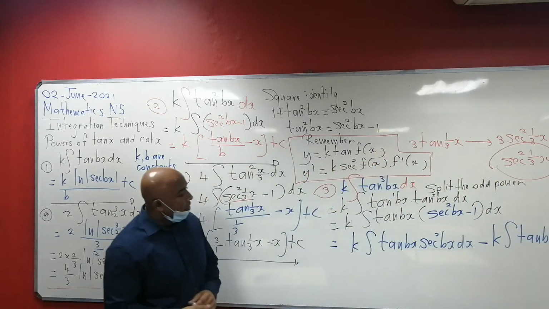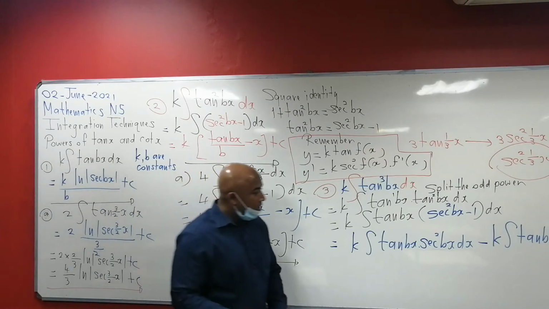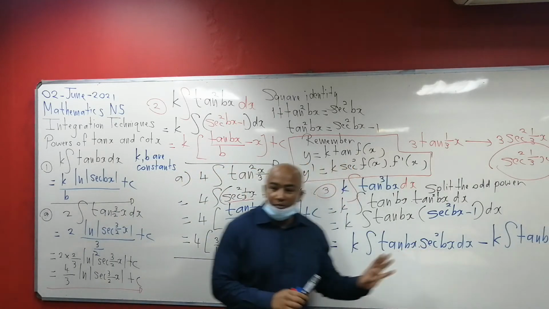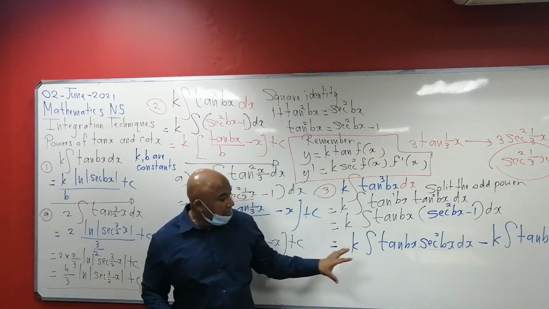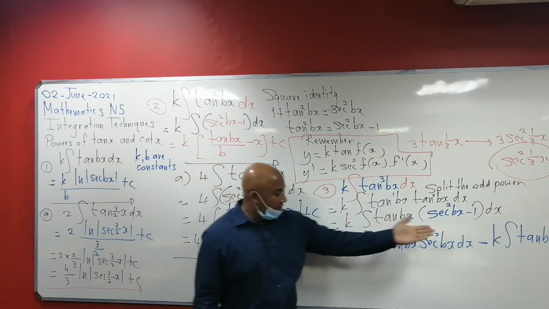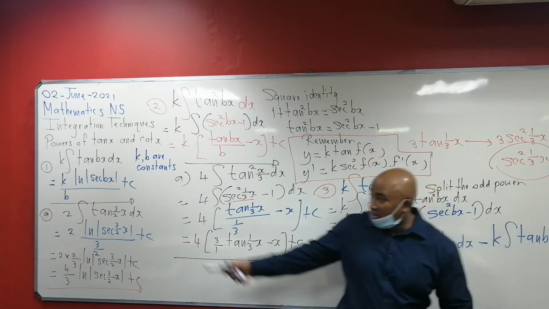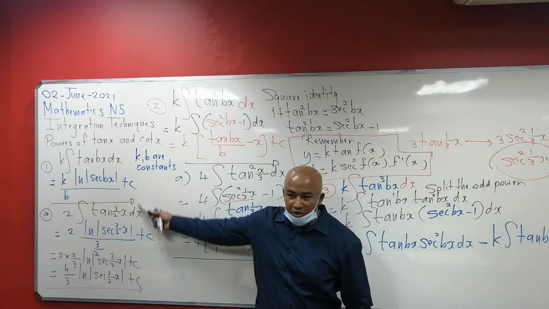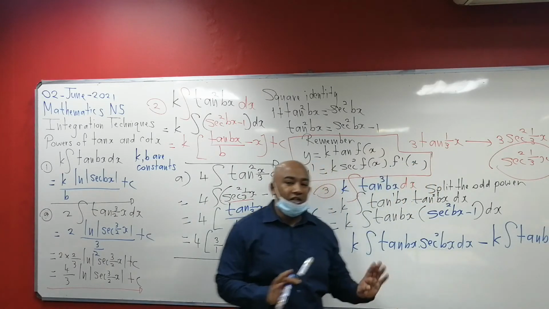Okay, now what do you notice? These two terms are completely different in terms of how we're going to integrate them. The second one, k tan bx, well, that's straightforward here. We know the solution for this here. Can you see that?